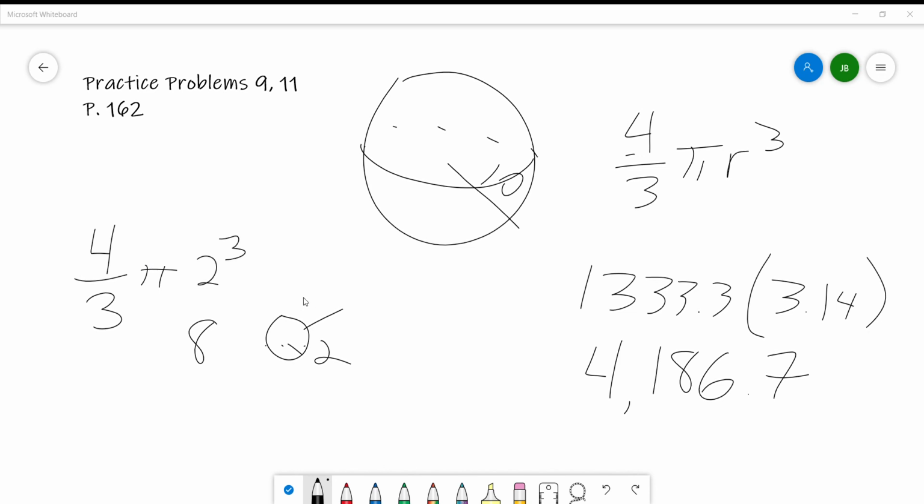Let's see. If I use my memory function, I save this entire fraction into my memory. Then 4,186.6666666 divided by memory equals exactly 125.